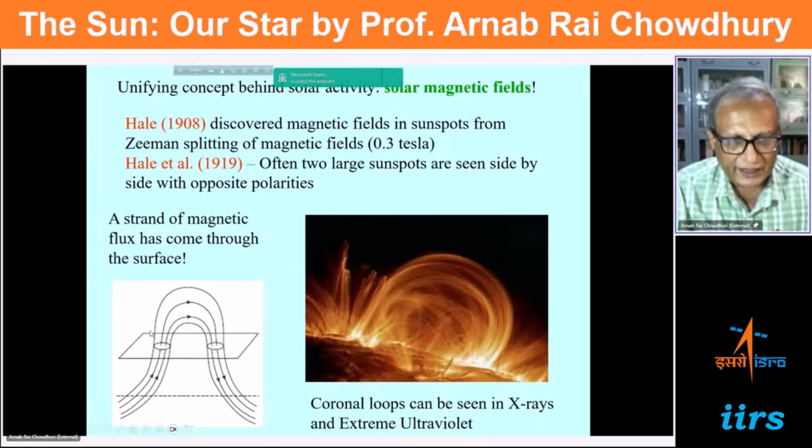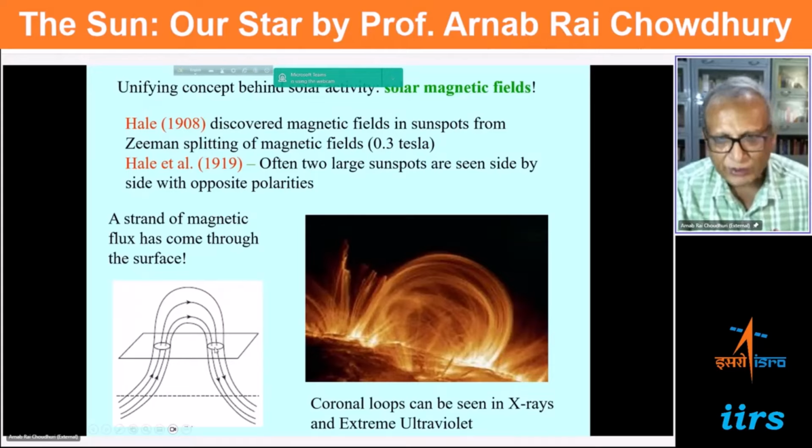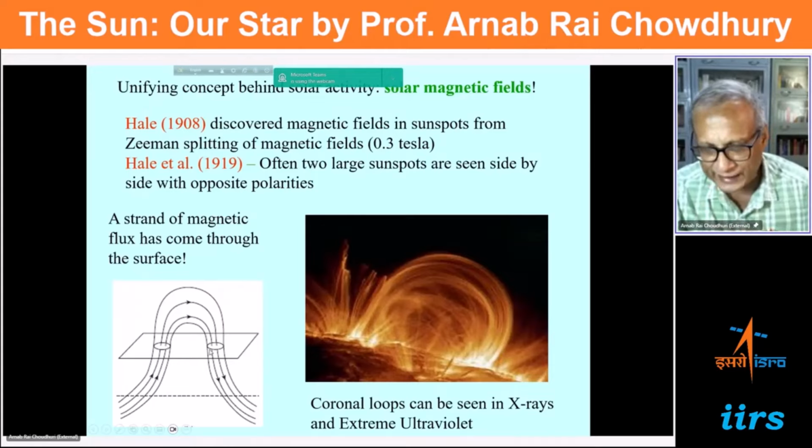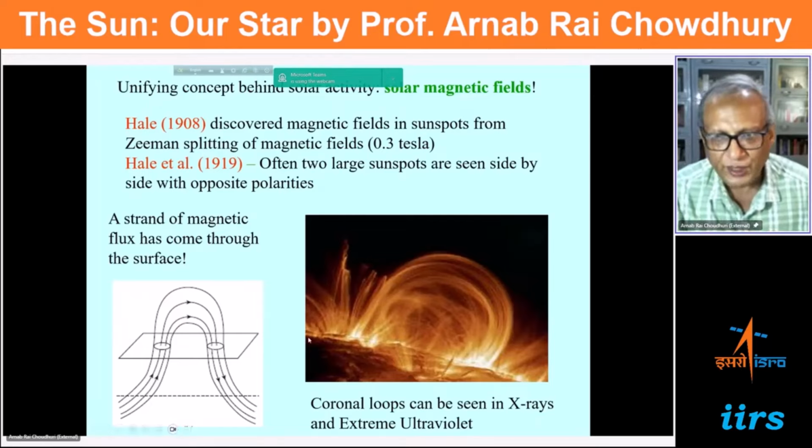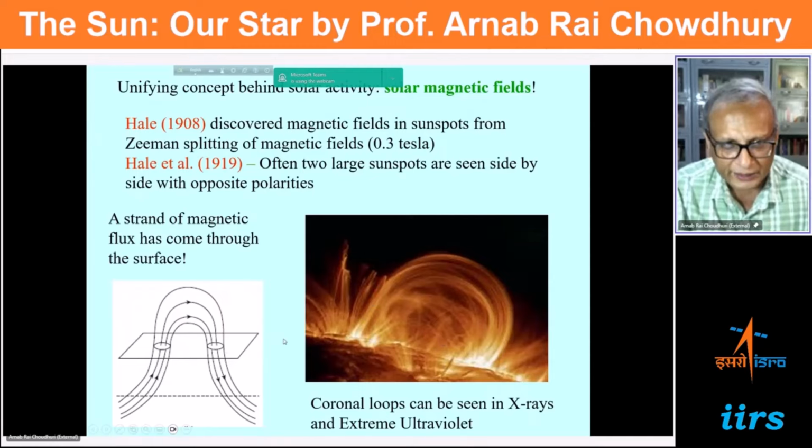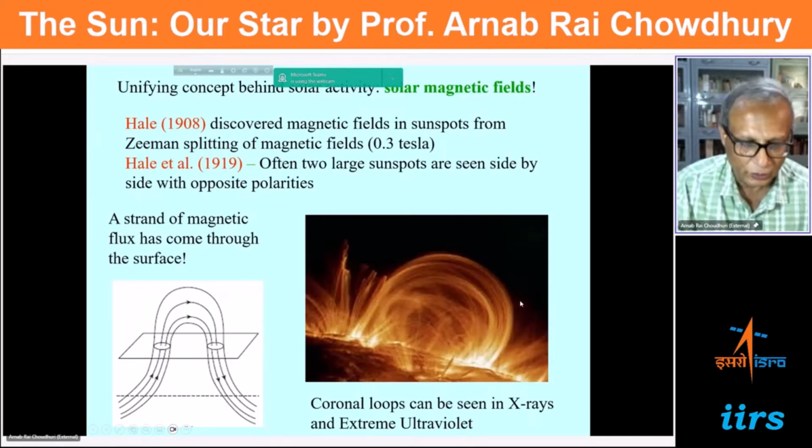If this idea is correct, then the solar corona would be full of such magnetic loops above the sunspot pairs. And we now know that this is the case. Within the last few years, solar astronomers have developed ingenious techniques for mapping these magnetic loops in the corona. And here you can see a beautiful image of magnetic loops in the solar corona.